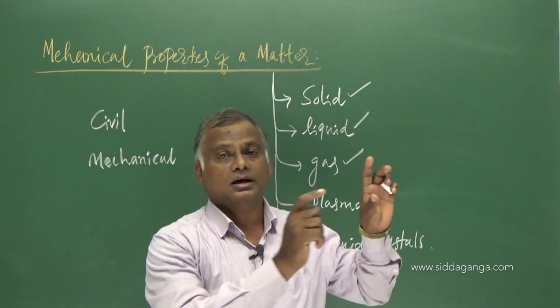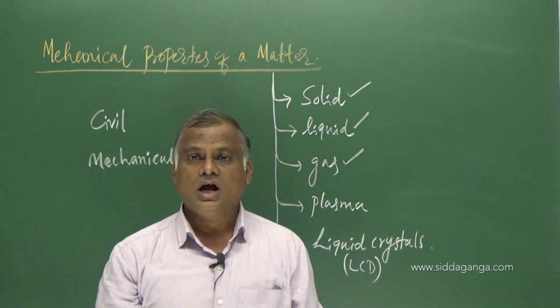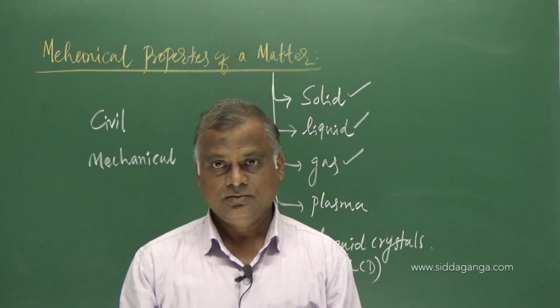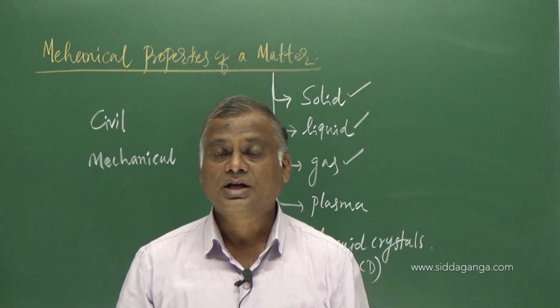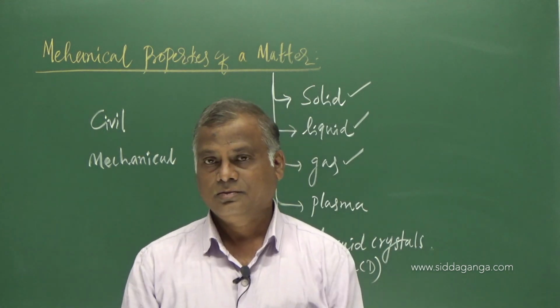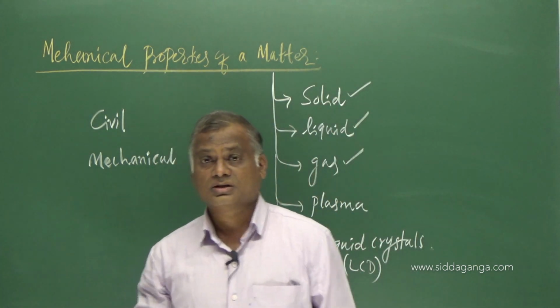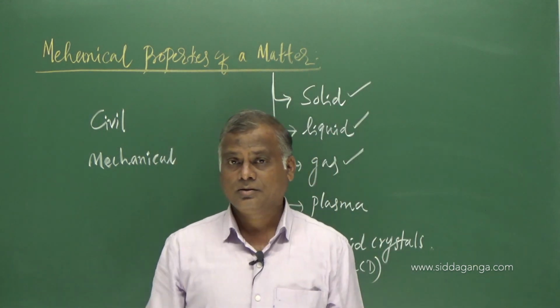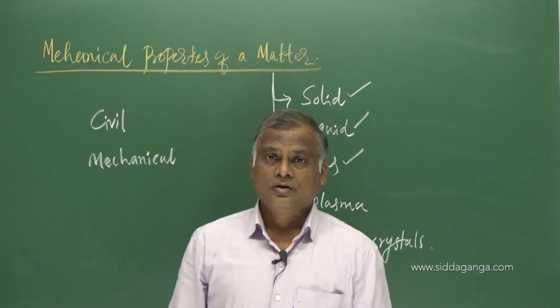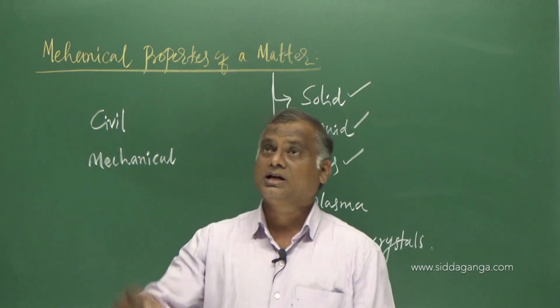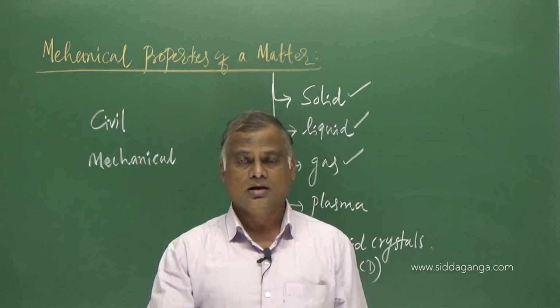So for example, in construction of a house, they use pillars, beams, they use steel rods, 8 mm, 10 mm, 16 mm, 20 mm rods. Why do they have to use these? Why can't they use wooden materials? Why can't they use glass materials? Why do they need a steel material?